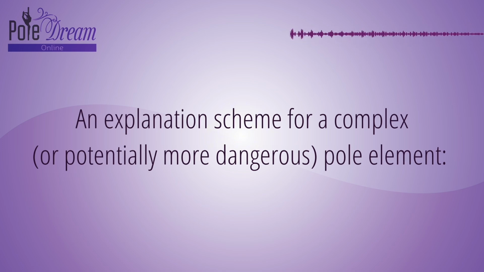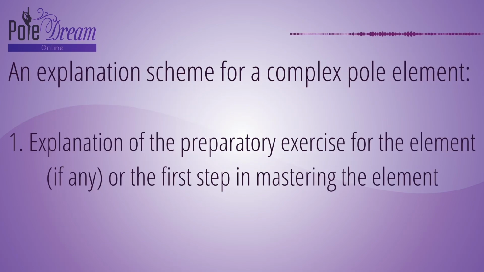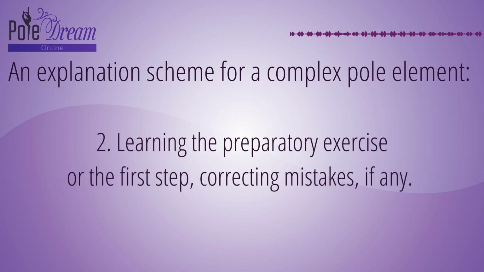So number 1 is explanation of the preparatory exercise for the element, if any, or the first step in mastering the element. So you explain the first step, or you explain pole conditioning for this move. Number 2 is learning the preparatory exercise or learning the first step, correcting mistakes, if any.